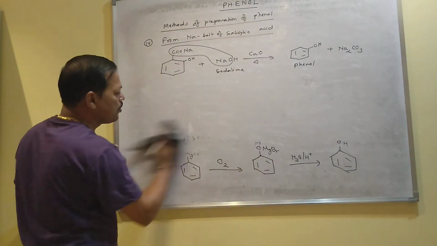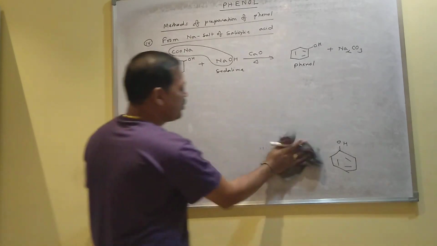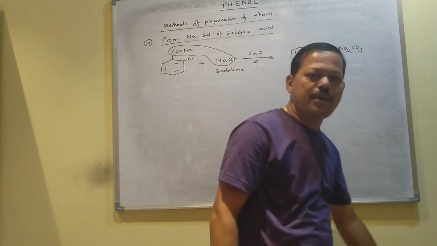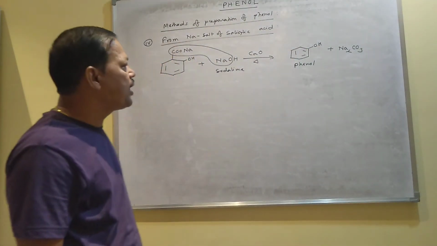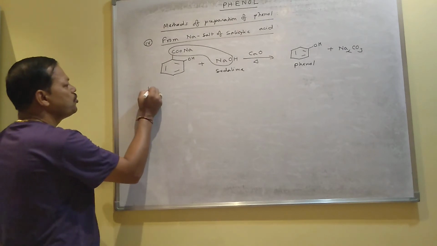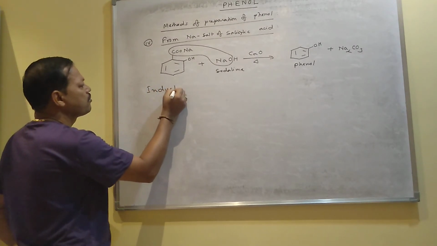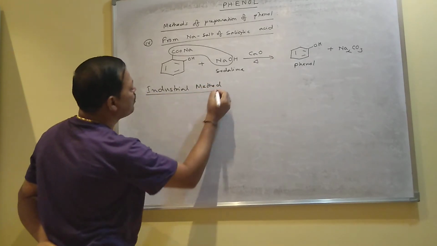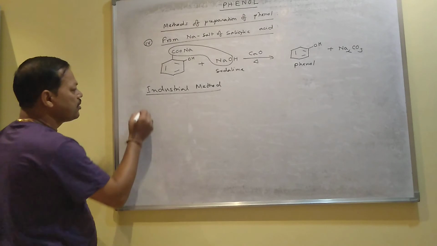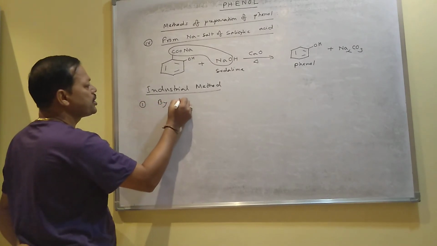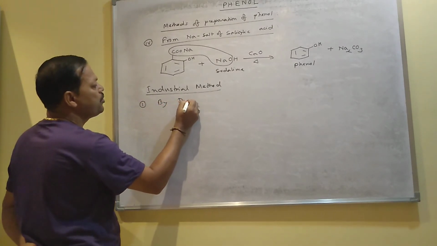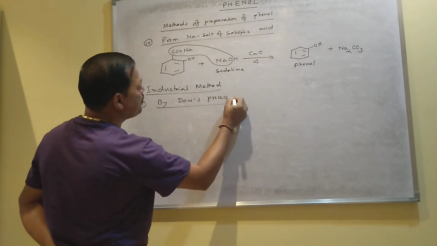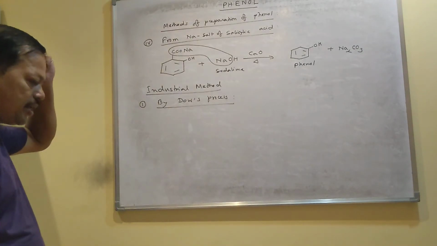Now I'll give you some industrial methods. Actually the methods whatever I have given, these are laboratory methods. In the laboratory you can prepare phenol this way. If you want to know about industrial methods, one industrial method is called the Dow process. By the Dow process you can prepare phenol industrially.